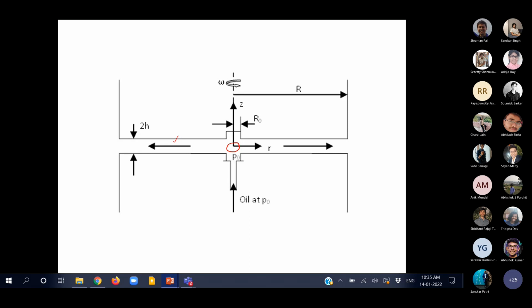In order to calculate that, let's think of a strip over here. The pressure in here is P. Now you tell me, what would be the expression for load?